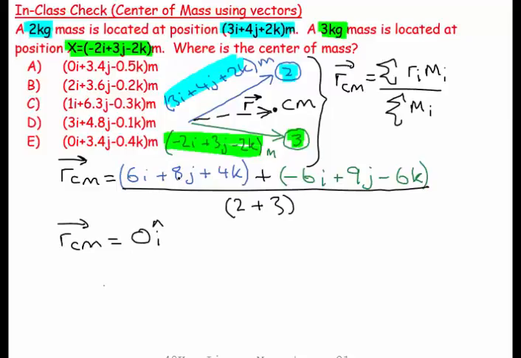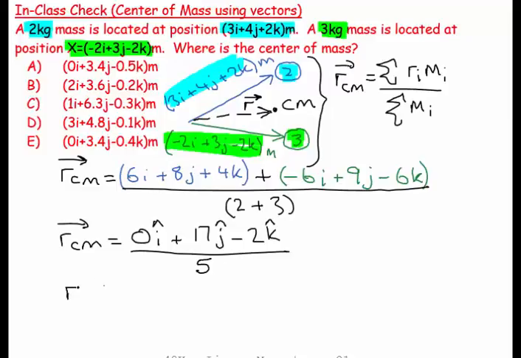And then the next one is plus 8 added to plus 9, which is 17j. And then we have 4k added to minus 6k, which is minus 2k. But I've got to divide that by 5 because I've got to take that into account.